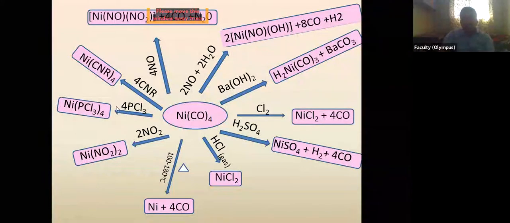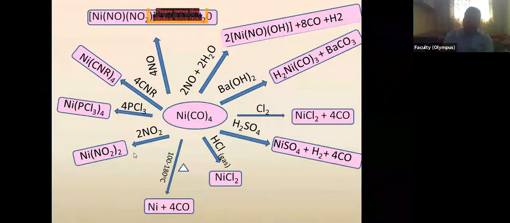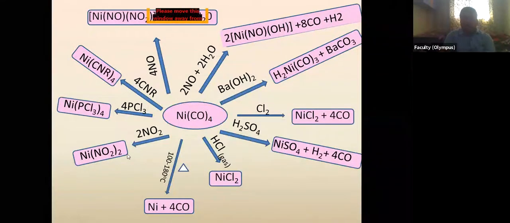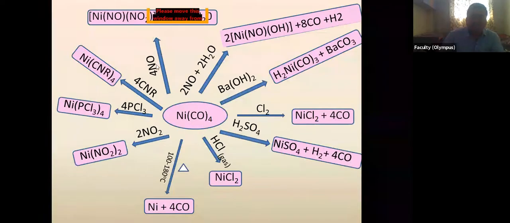Similarly, PCl3 is also a ligand, so the four carbonyls get replaced by PCl3. Then with nitrogen dioxide, we get nickel nitrite. So all these are the reactions of nickel tetracarbonyl with various reagents.